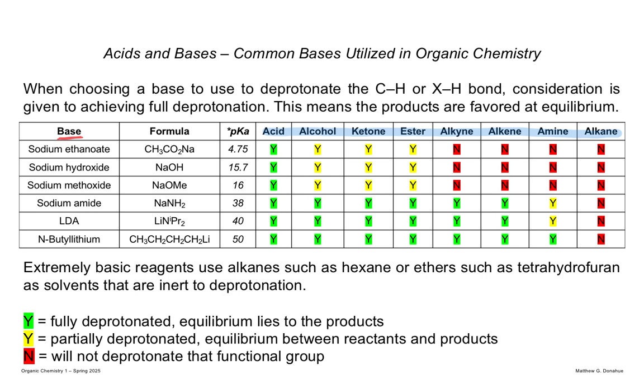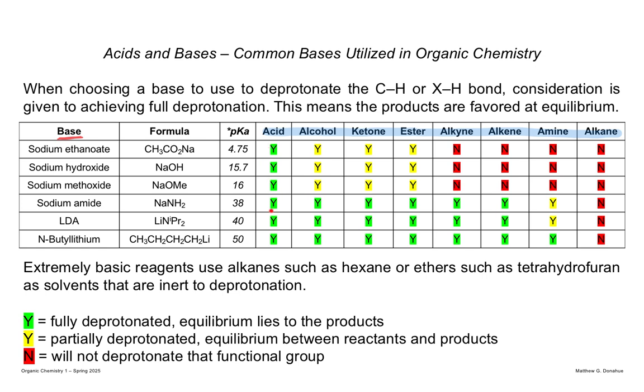So for example, say we had a ketone. We want to deprotonate a ketone. The bases in yellow, these top three, will deprotonate it, but most likely in a reversible fashion. Then the bases in green will do irreversible deprotonation. So you're favoring the products.